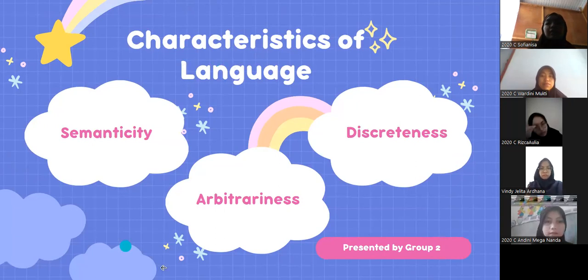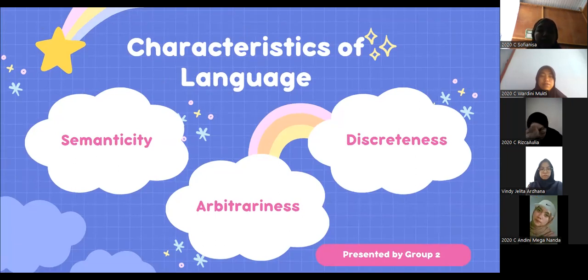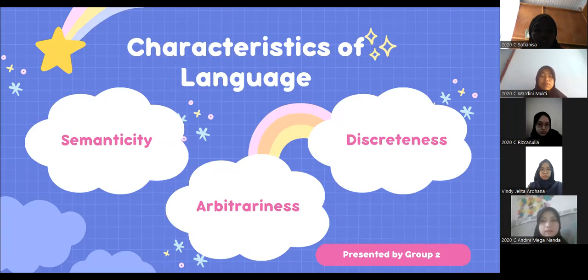Okay, thank you, moderator. In this slide, I would like to explain about the characteristics of language. There are 6 characteristics of language. The first one is semanticity. Semanticity refers to the idea that language can communicate meaning and that specific signals can be assigned specific meanings.